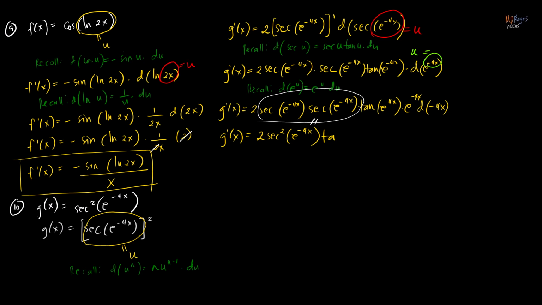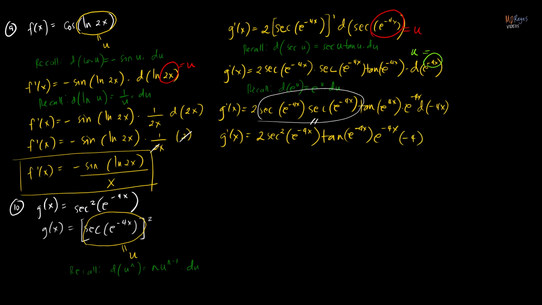Tangent of e to the negative 4x. I missed the negative 4x here. Times e to the negative 4x. The derivative of negative 4x with respect to x is equal to negative 4.